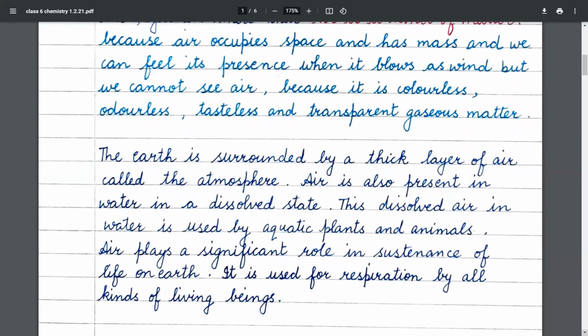Air is also present in water in a dissolved state. This dissolved air in water is used by aquatic plants and animals. Air plays a significant role in sustenance of life on earth. It is used for respiration by all kinds of living beings.